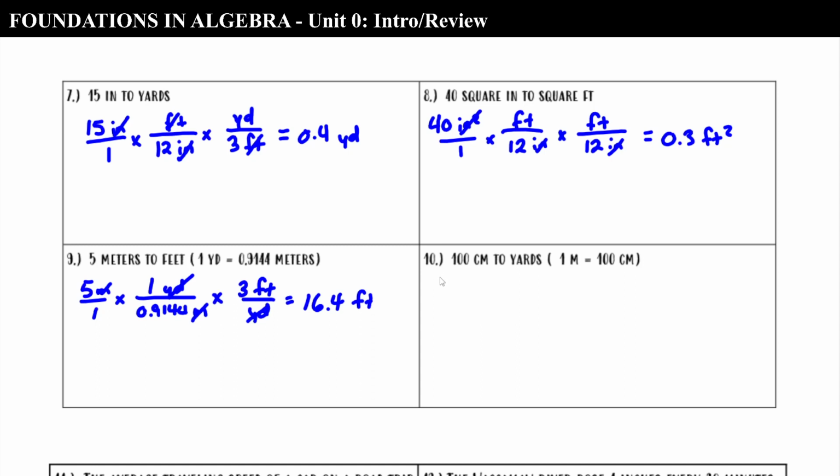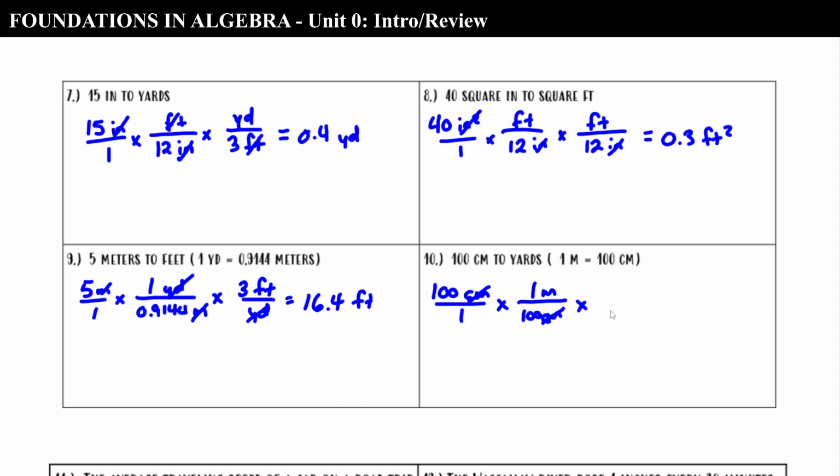Okay, now let's do 100 centimeters to yards. We're given this conversion: 1 meter is 100 centimeters. So the centimeters cancel.